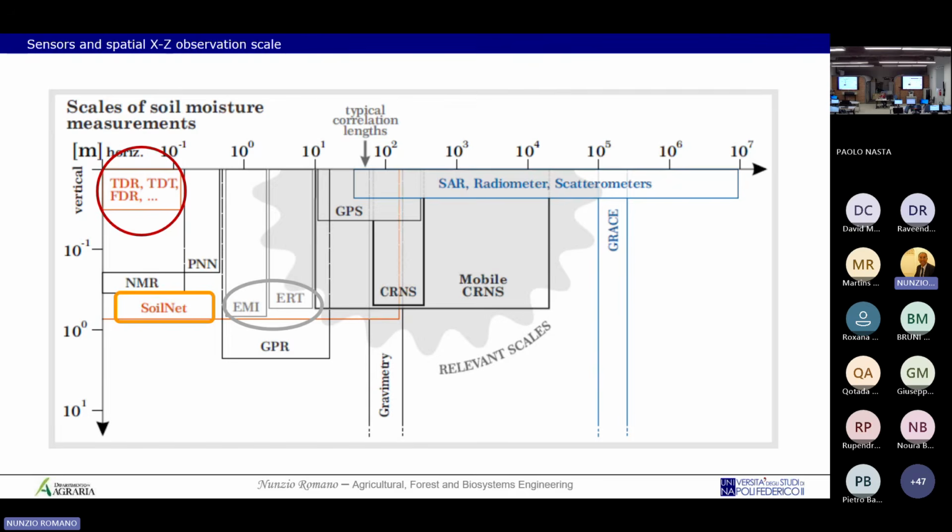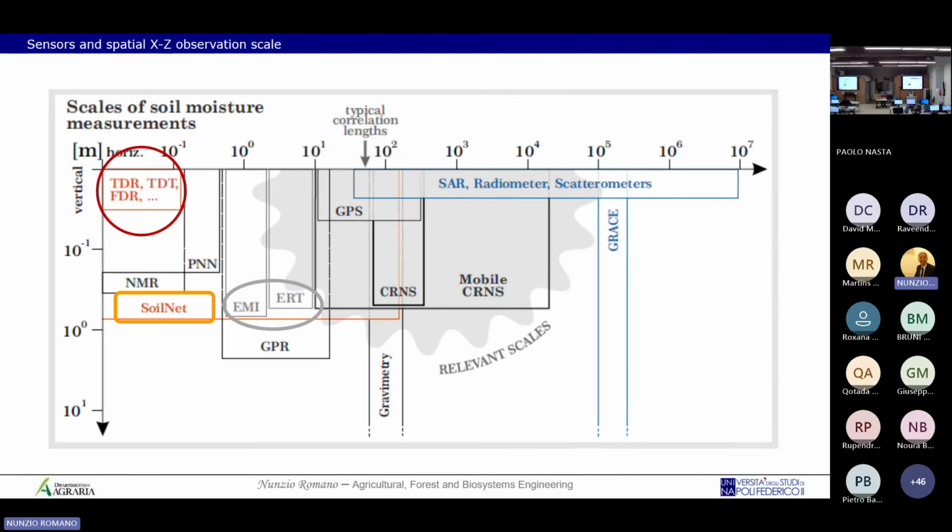Again, it's important to have a preliminary knowledge of your area in terms of different soils. Are soils quite uniform, or are they different in terms of physical-chemical properties? Particle size distribution, bulk density, we will see soil water retention and conductivity functions.